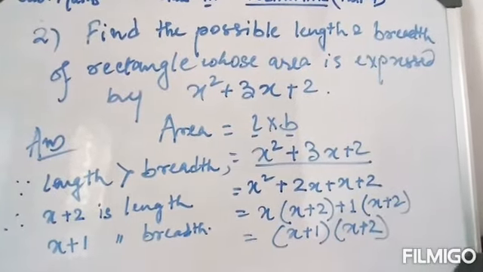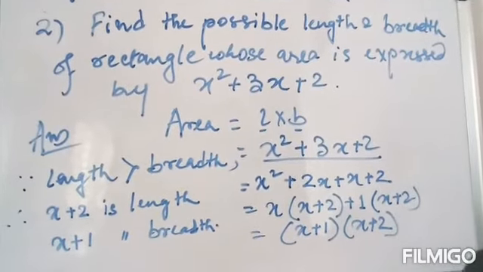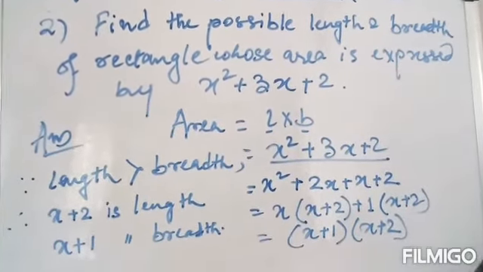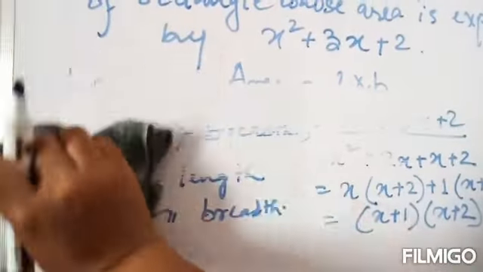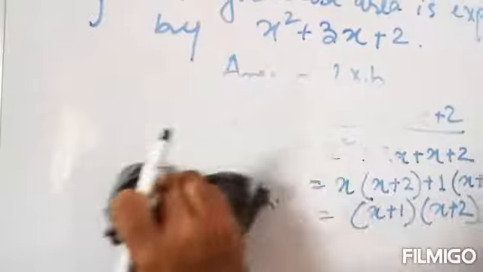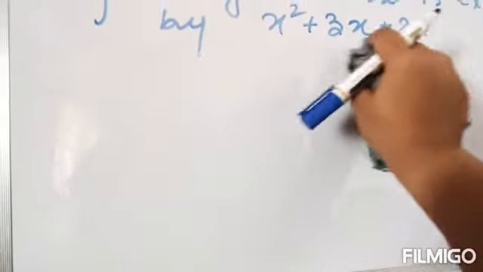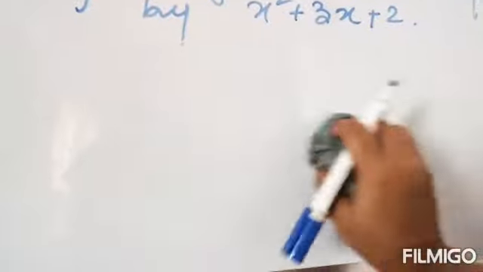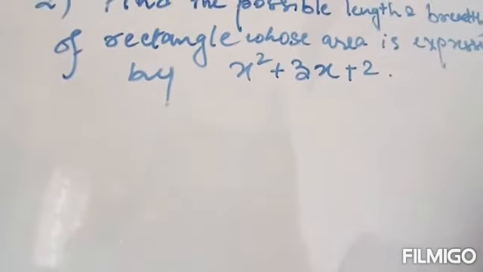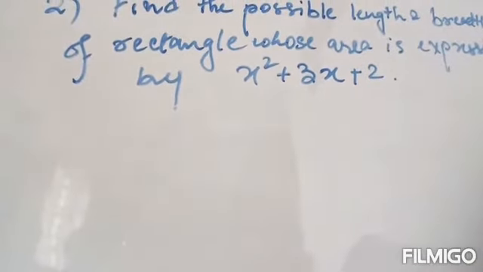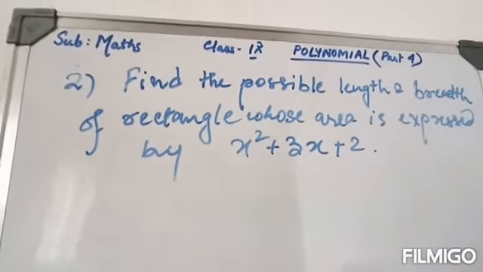Okay, next try out with volume. If we are given the volume of a cuboid, we need to find the length, breadth and height. In that case you need three factors.